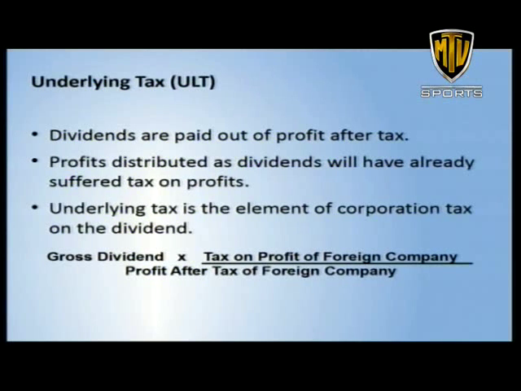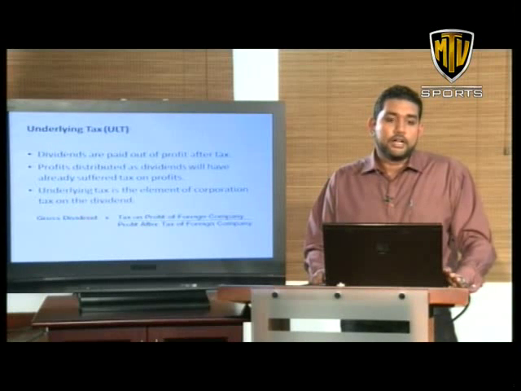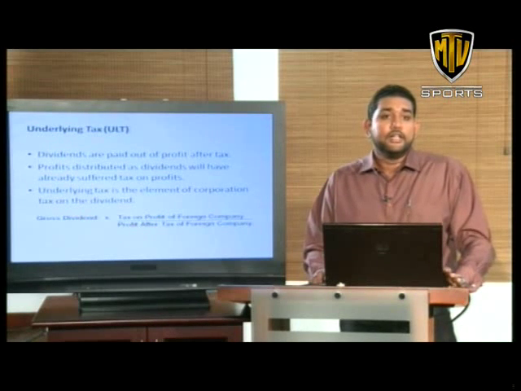So profits distributed as dividends will have already suffered tax on profits. Therefore, underlying tax is the element of corporate tax, that is the corporate tax element on the dividend.